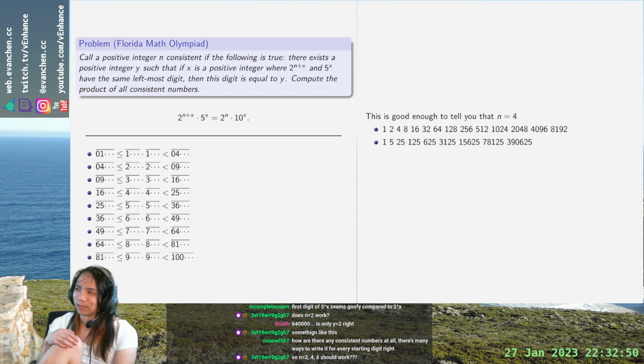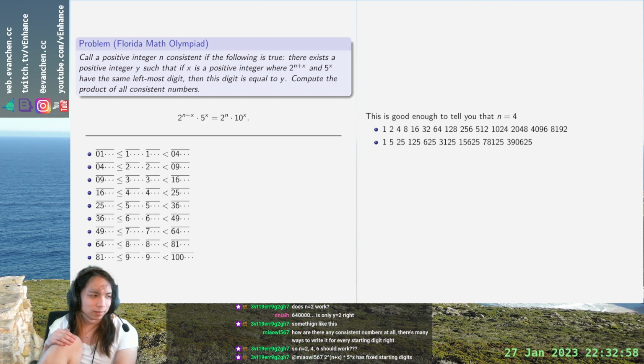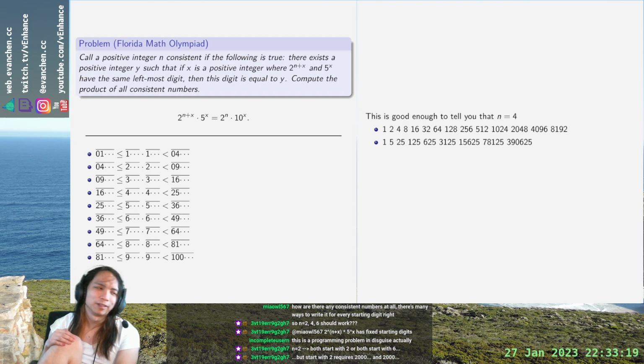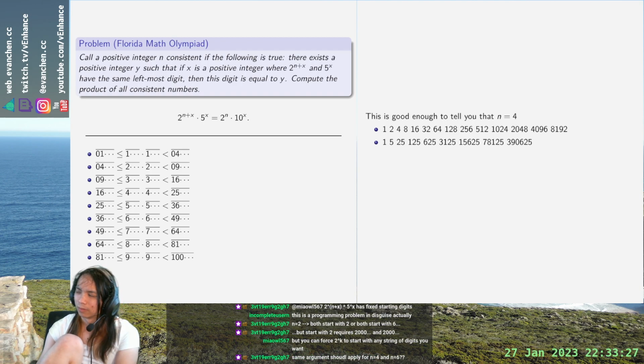Wait, does n equals 2 actually work? I have a hard time believing that, actually. No way, right? Start with 2 requires 2.